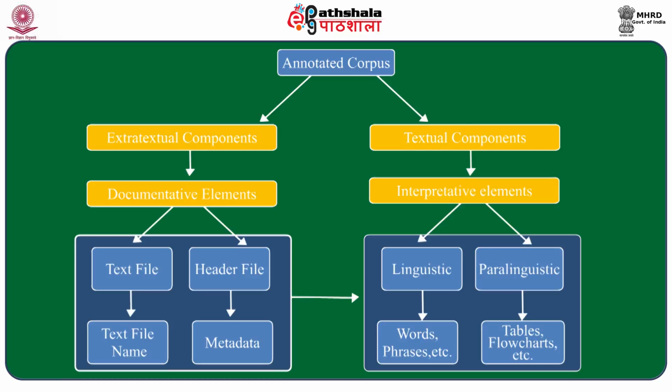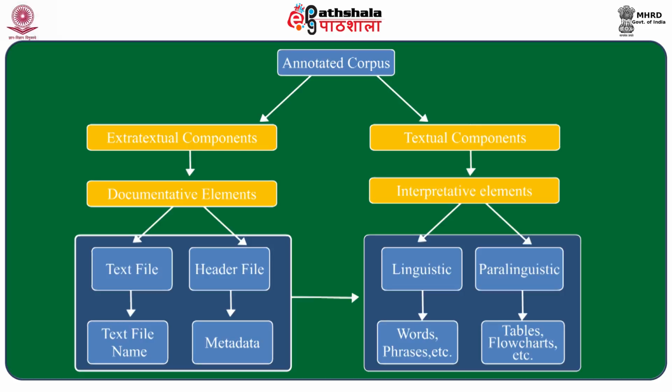These are not directly linked to the original interpretative or textual components of the corpus. Rather, they are extratextual components which help us to handle those data, to process those data, to retrieve textual information from the data.